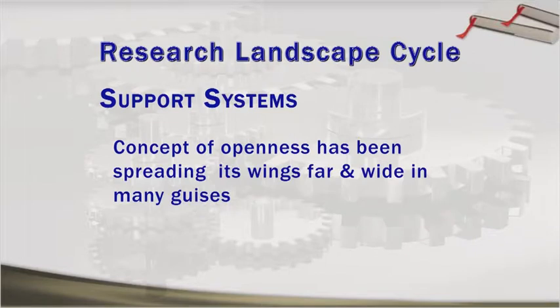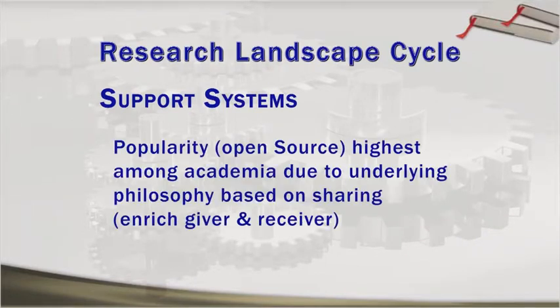The concept of openness has been spreading its wings far and wide, and the popularity of open source is highest amongst academia due to its underlying philosophy based on sharing. Therefore, we need to sustain and nurture it through a sustained cycle of human resources and efforts to help it continue what it has been able to do so far.